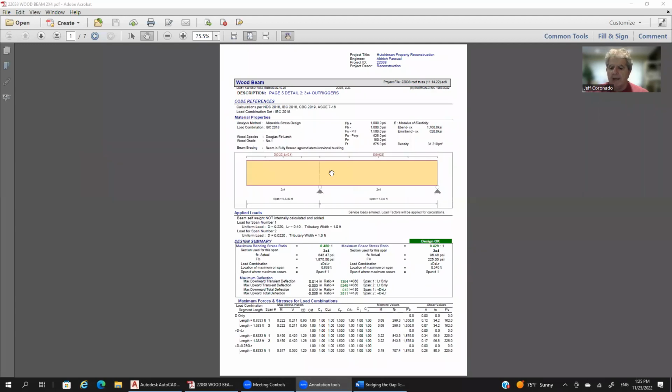So if we go back here, what that tells us is that both spans, this span as well as this span, both spans of the outrigger are unbraced. So that's how you would have to model this outrigger. Hopefully you find that helpful in understanding how to determine what the unbraced length is for an outrigger.